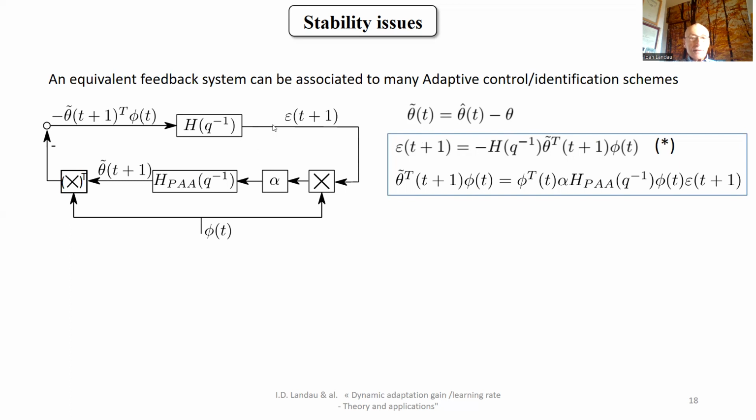Assuming that the error is generated by the equations shown in the previous slide, where now theta tilde is the parameter error, we can draw this equivalent feedback scheme, where we have a linear feed-forward path characterized by a transfer operator H, and the feedback path characterized by a filter HPAA multiplied by alpha between two multipliers.